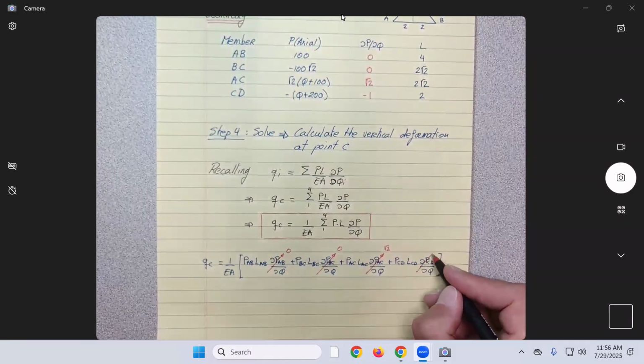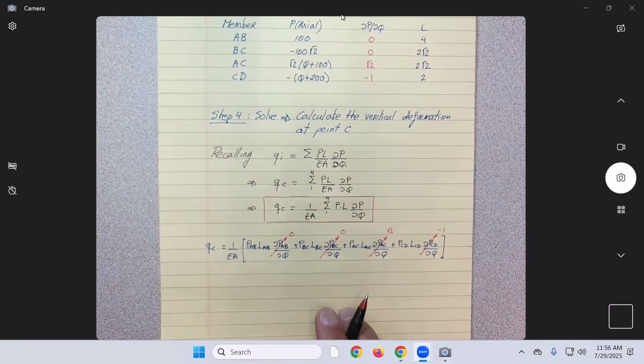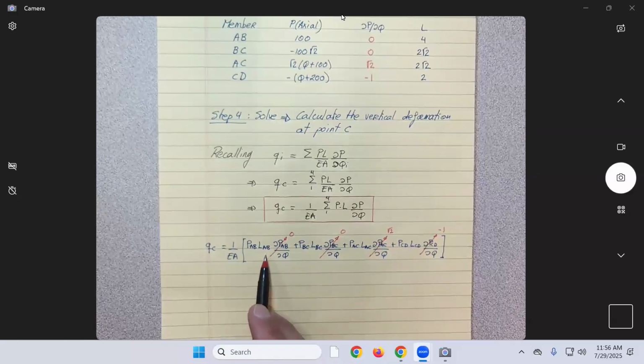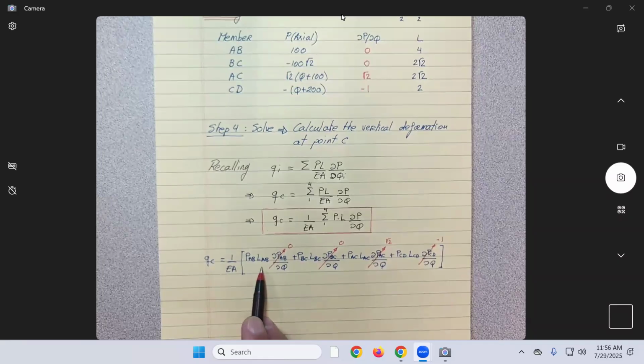And the PCD will be equal to what? -1. And I know LAB is equal to 4, but this will be 0 anyway. Let's look at this one. LAC will be equal to 2 square root of 2. LCD will be equal to 2.